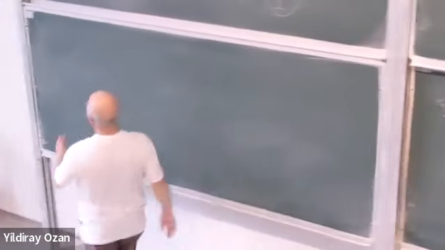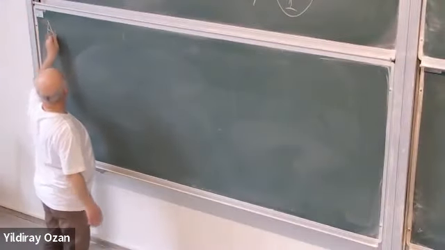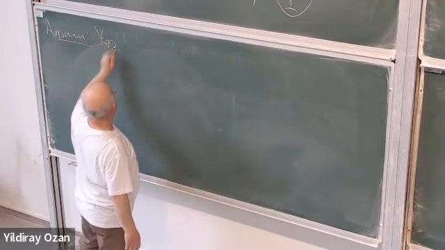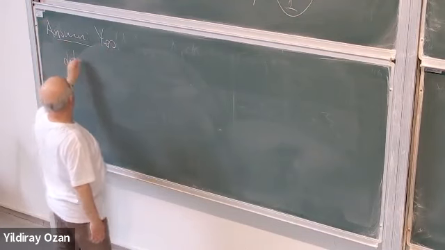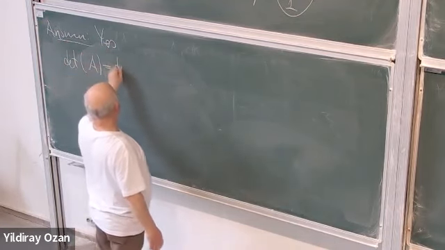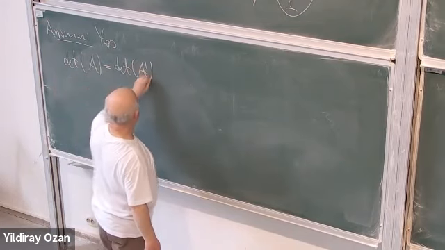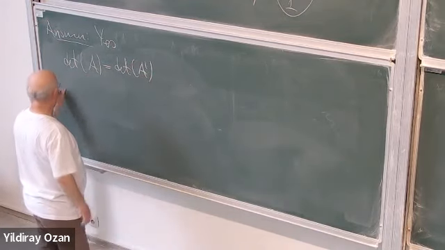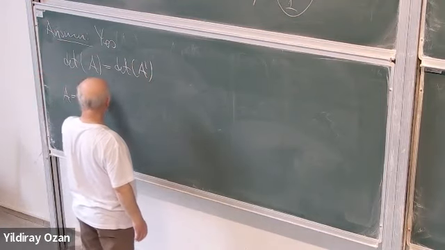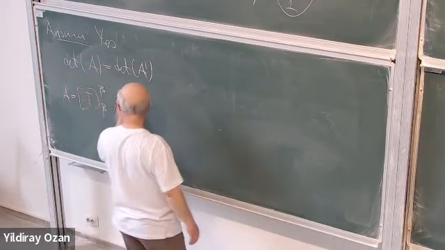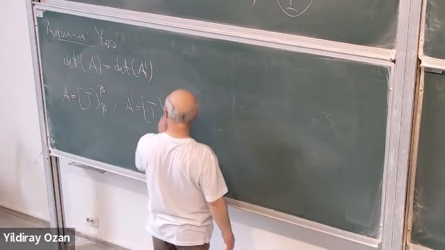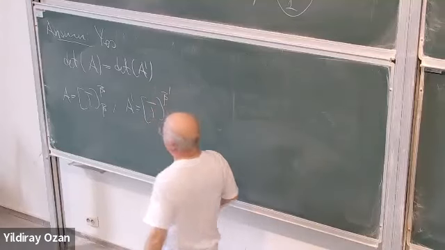So the determinant of A is the same as the determinant of A prime, where A is the matrix representation of T in the basis beta, and A prime is the matrix representation in beta prime.